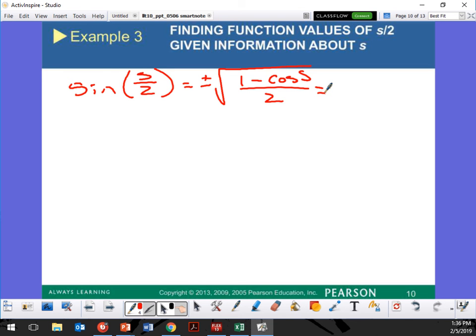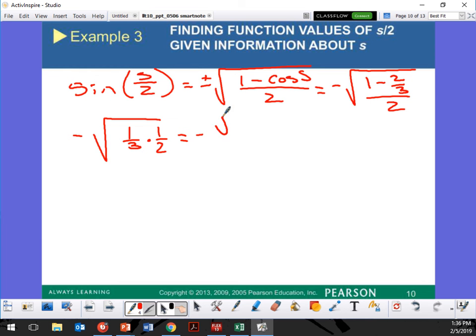Sine is in quadrant 4, so sine's negative. So it's a negative square root of 1 minus 2 over 3, over 2, which is 1 over 3 times 1 over 2. So it's a negative radical 1 over radical 6.